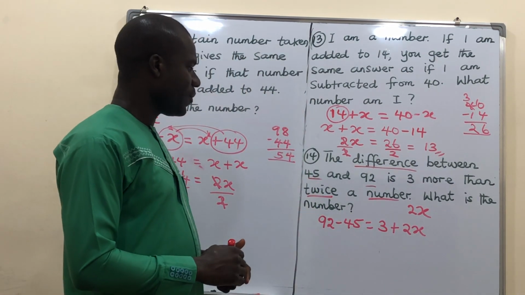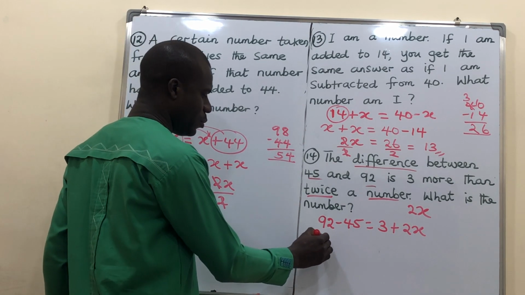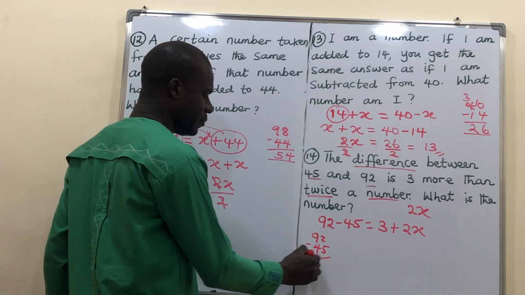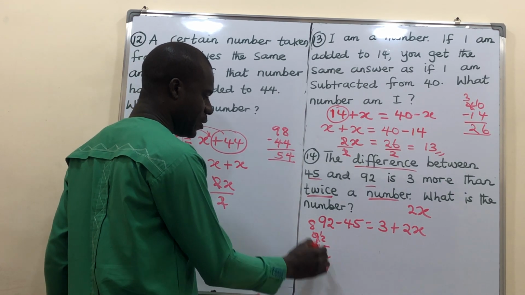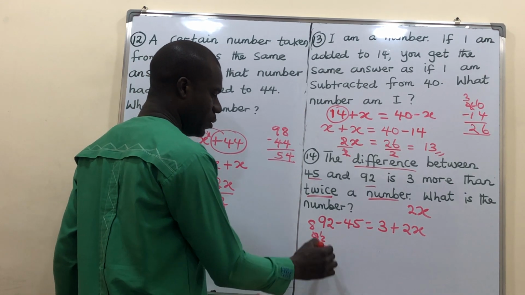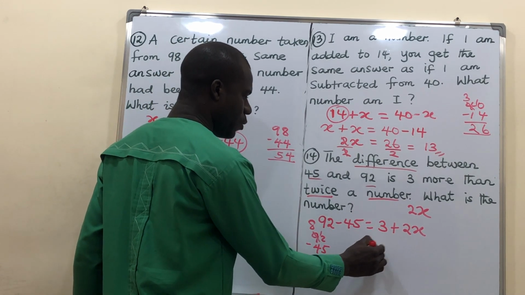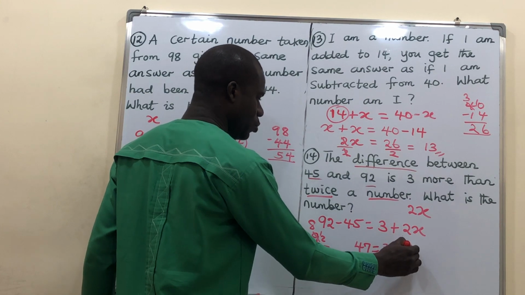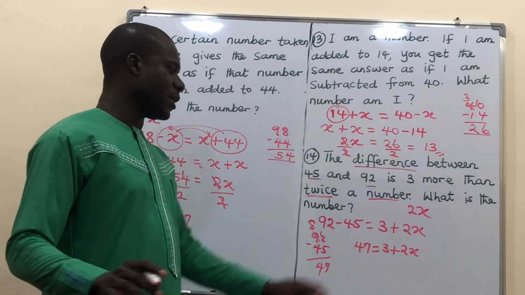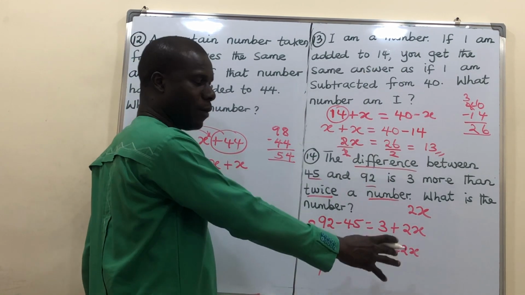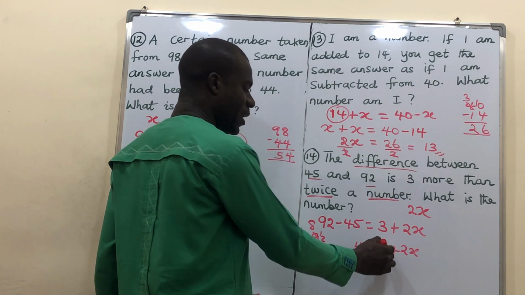Alright? To get the number, let's subtract. 92 minus 45. Borrow 1 from 9 is 8. 12 minus 5 is 7. 8 minus 4 is 4. So 92 minus 45 will give me 47 equals 3 plus 2x. Collect like terms. I'm going to move 3 to the left hand side so that 2x stands on its own. 3 is a positive number.